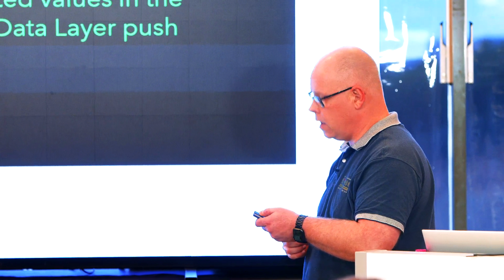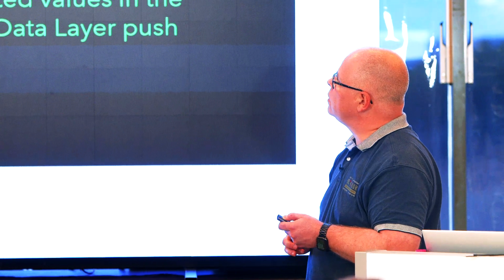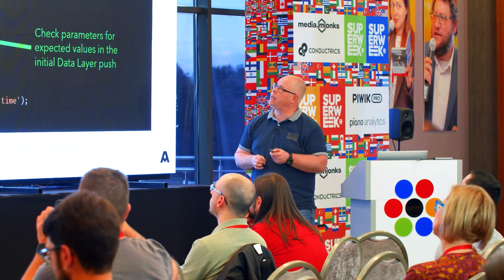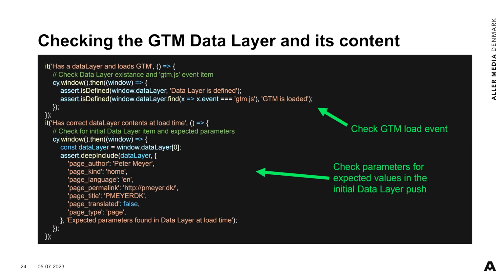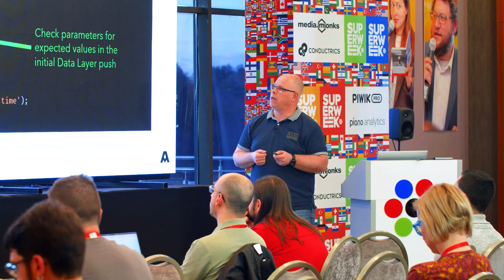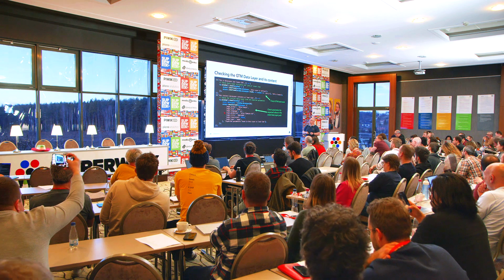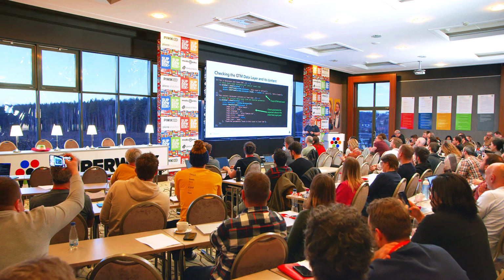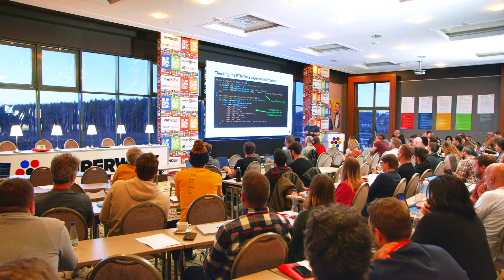But if we point again, the top one here is just checking that the data layer for Google Tag Manager is there on this particular web page, and that in the data layer we can find the GTM.js event telling us that GTM actually loaded on top of having the data layer. That's a separate test. And then we have the second test saying that I want to check that it has the correct content when the page loads.